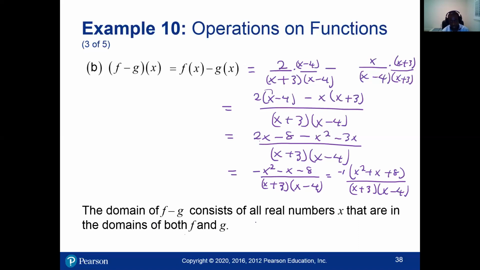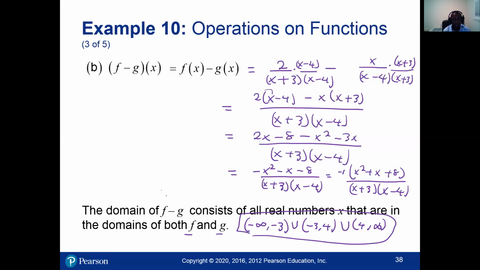F and G. Okay, so in the interval notation, this will be the same thing as what we had, negative infinity to what? -3, because the domain of F doesn't include -3, and domain of G doesn't include +4. So the union, -3 to 4, union 4 to +infinity. So you see that this domain, as we got, is the same as for the sum, F plus G. Now, I will not say always this is the case. I would say most of the time that is the case. Okay.